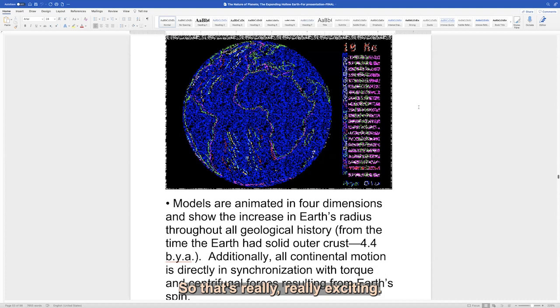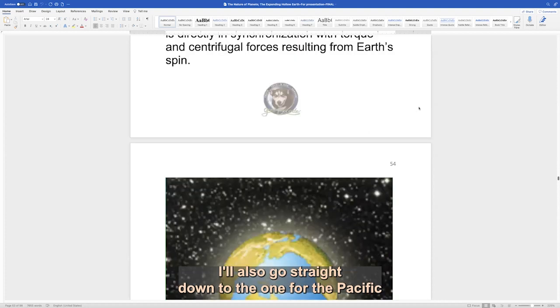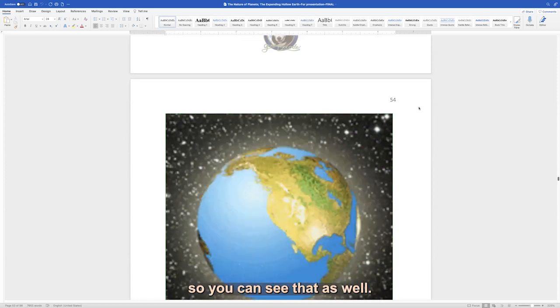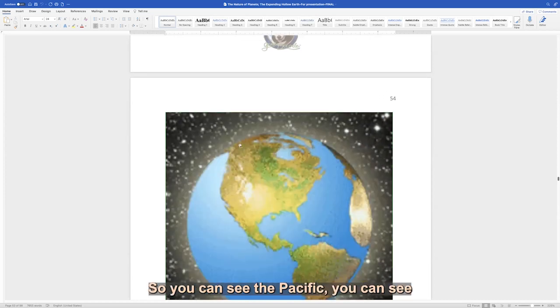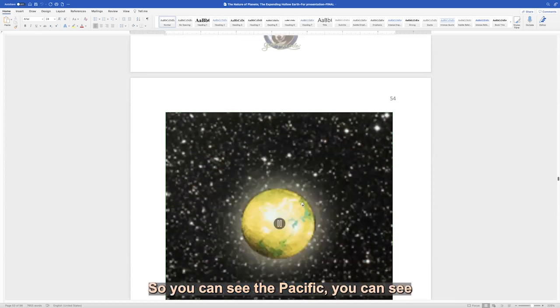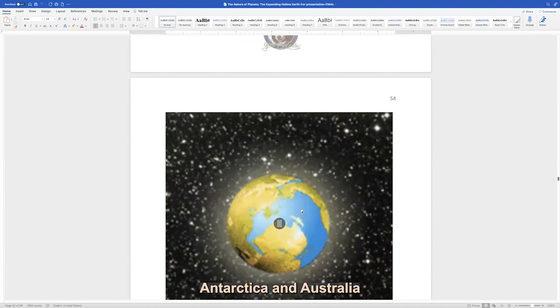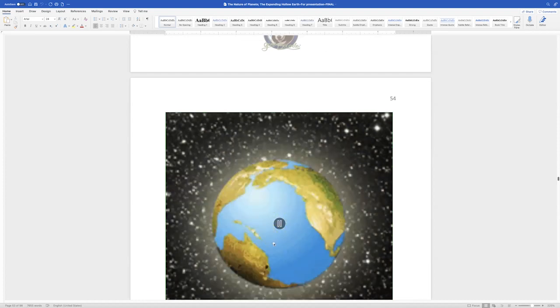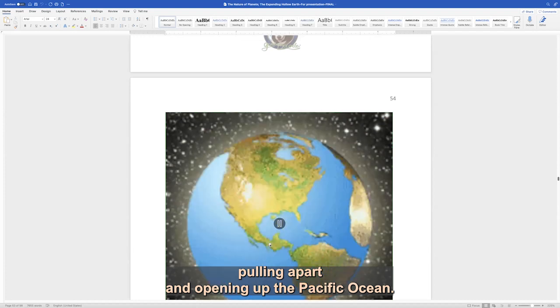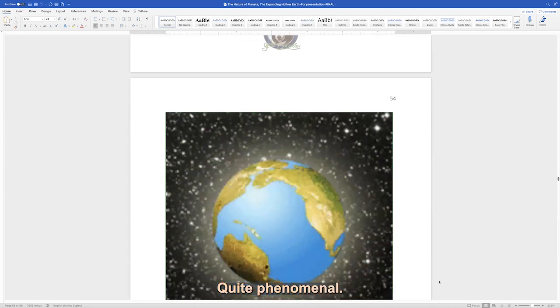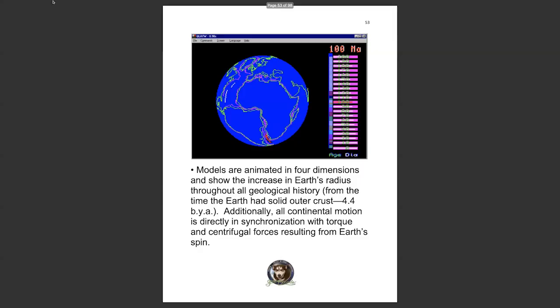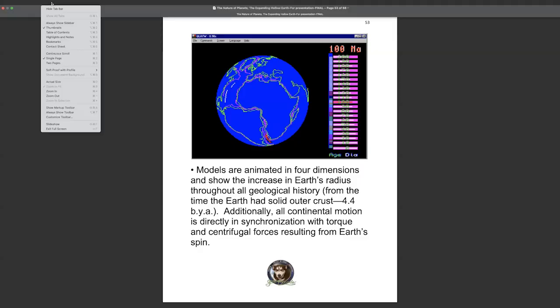It's really exciting. I'll also go straight down to the one for the Pacific, so you can see that as well. You can see the Pacific, you can see Antarctica and Australia pulling apart and opening up the Pacific Ocean. Quite phenomenal. I'll go back to my PDF, so it's a little cleaner to read here for you all.